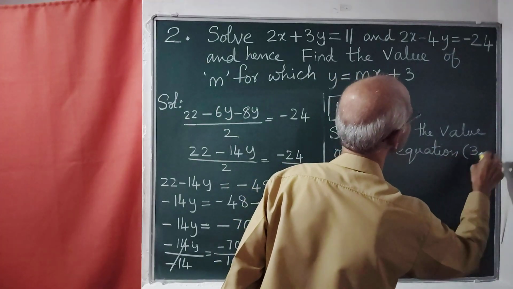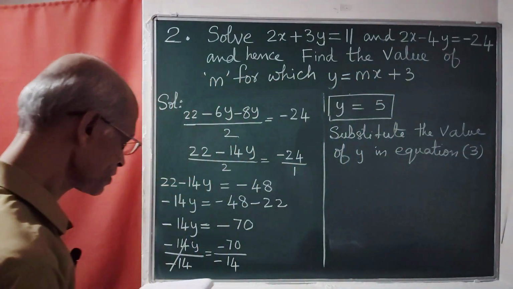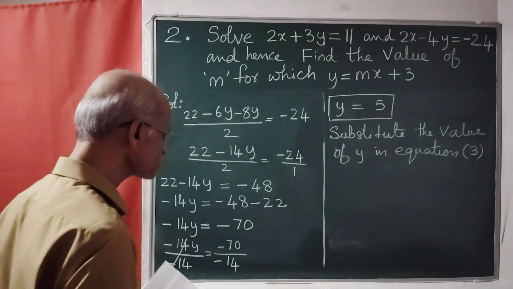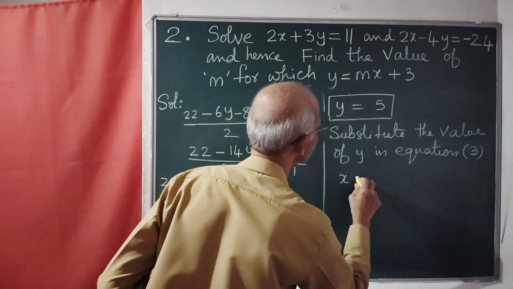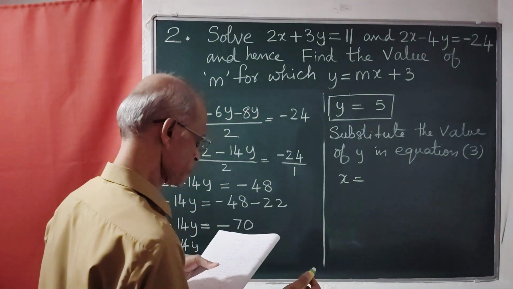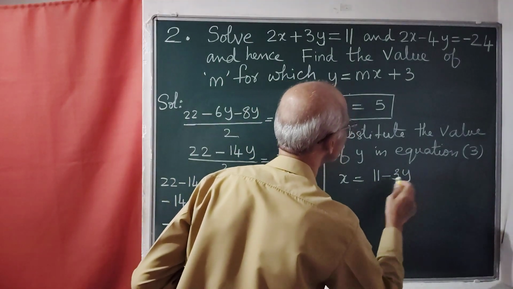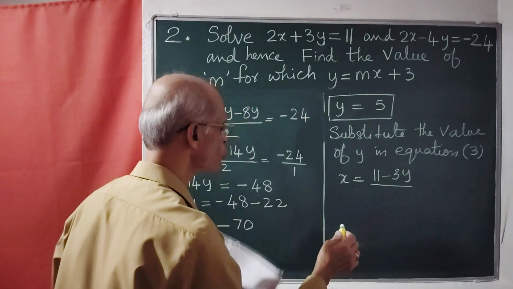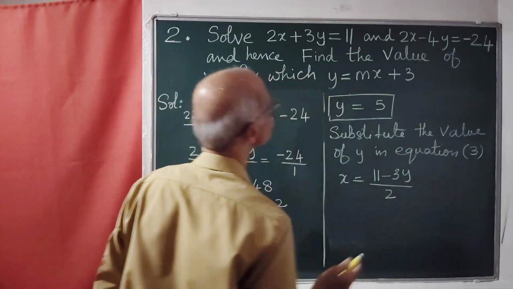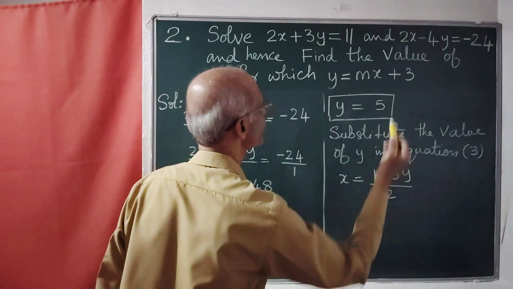In equation 3, x is equal to 11 minus 3y the whole by 2. In the place of y, I have to put 5.